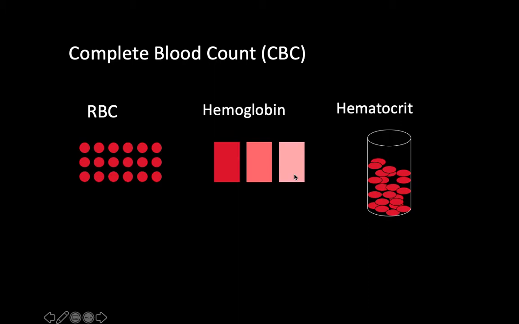The more oxygen that bonds to the hemoglobin molecules, and so the more hemoglobin molecules even that you have, the darker in color your red blood cell is going to be. So this is an indication of how much hemoglobin I have inside my red blood cell, as well as the amount of oxygen that is bonded to it. Hematocrit is looking at the percentage of red blood cells that I have in my blood.